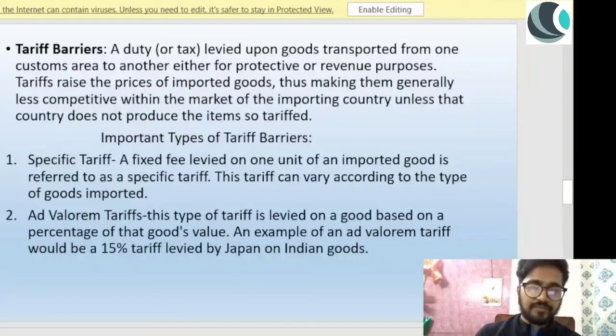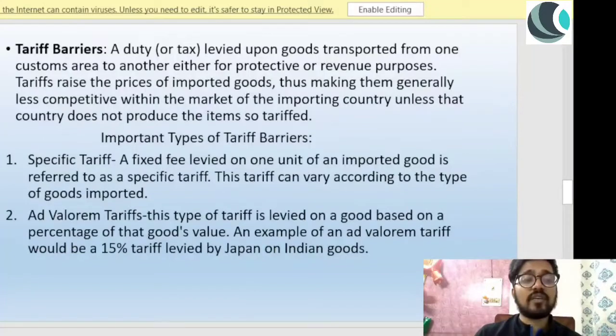Let's say ad valorem tariff has been imposed by Japan on Indian goods. So the good that been imported just cost $10,000, right? So now there is a tariff percentage being imposed, so that cost of the good that costed $10,000 will be increased by 15%, because that has been imposed by the Japanese government, and the product will cost $11,500 now, right?